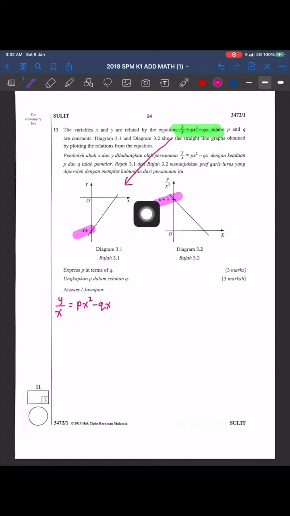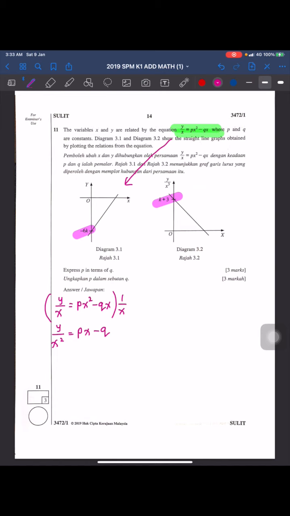Yang kecil itu adalah nilai sebenar dia. So sini x kecil. So maksudnya di sini saya kena hasilkan ada satu x kecil sebagai paksi x dia nanti. So maksudnya di sini saya kena bahagikan dengan x ataupun darabkan dengan 1 over x. Okay, so saya cuba darab masuk. Saya akan dapat y over x square is equals to px minus q.